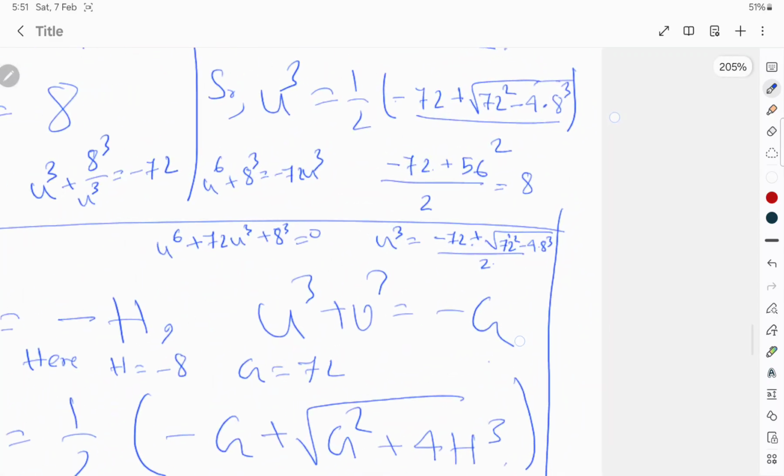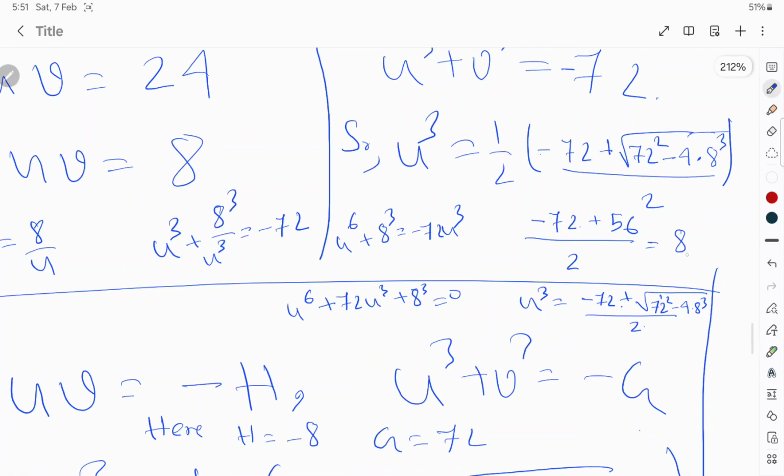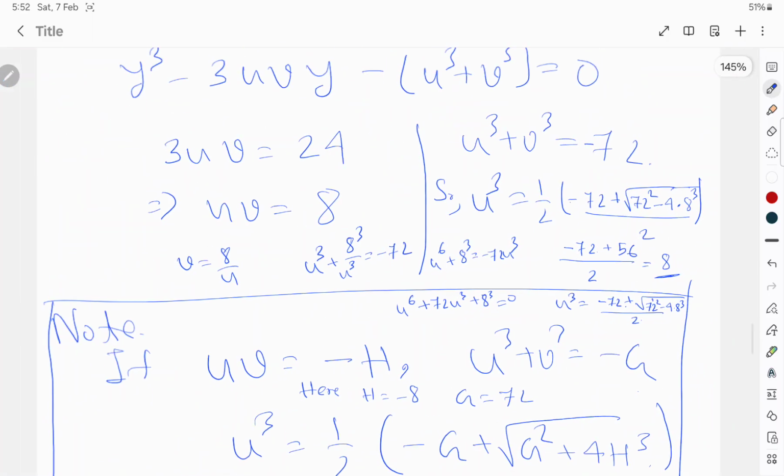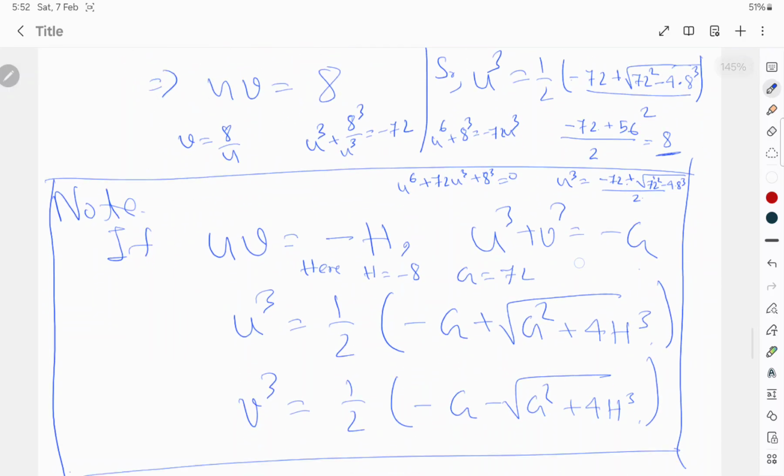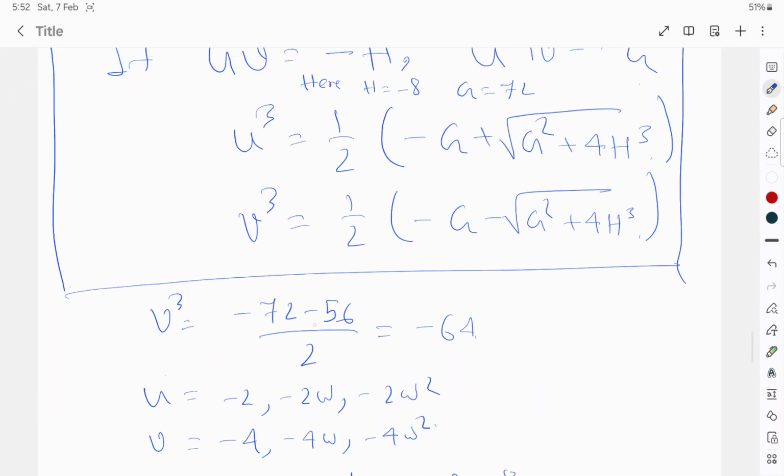Okay, so I have found this value is 8. So this is the type of expression. Whenever you are getting this plus 8, then in place of v^3, instead of plus, you have to write the minus. So if you do this minus, you are getting minus 64, right?